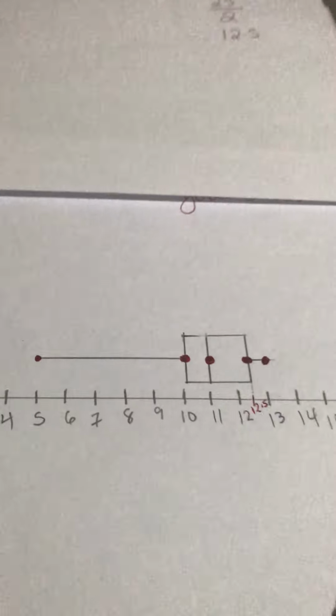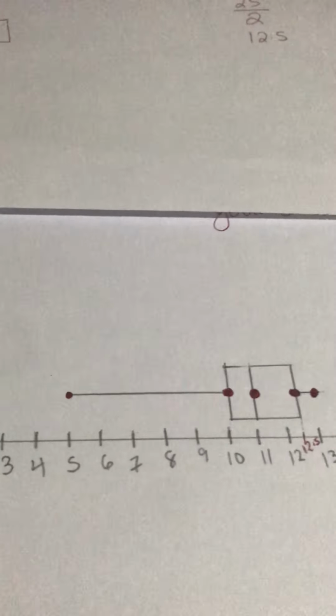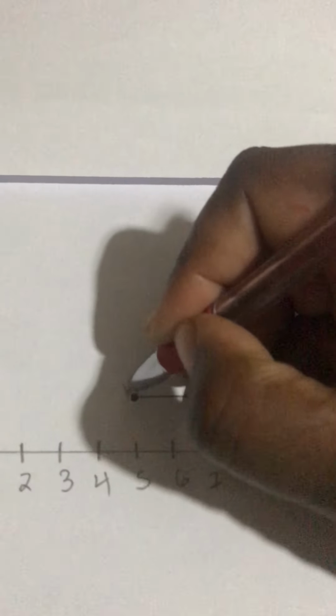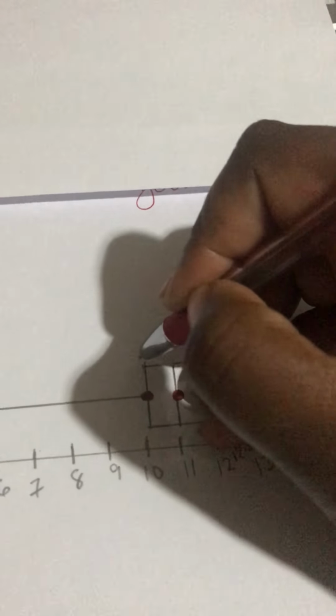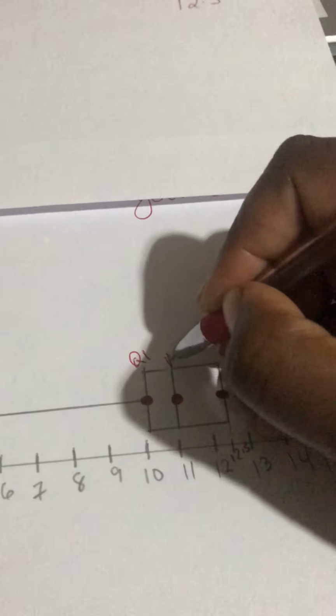Okay? And there is your box plot. And then you label. You say minimum. You say Q1. You say median.